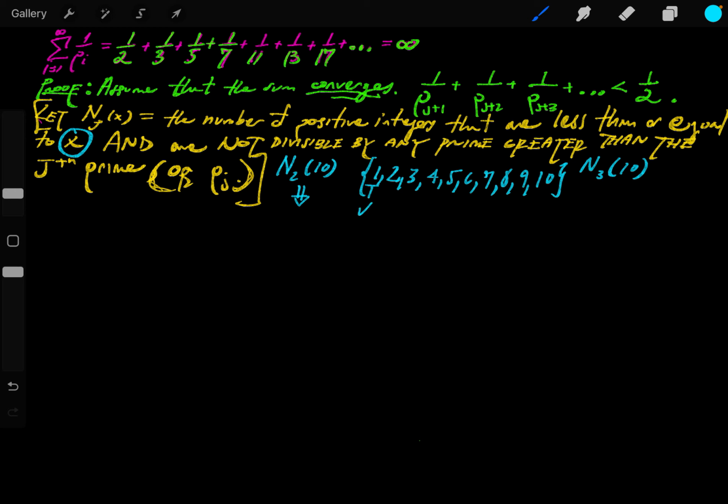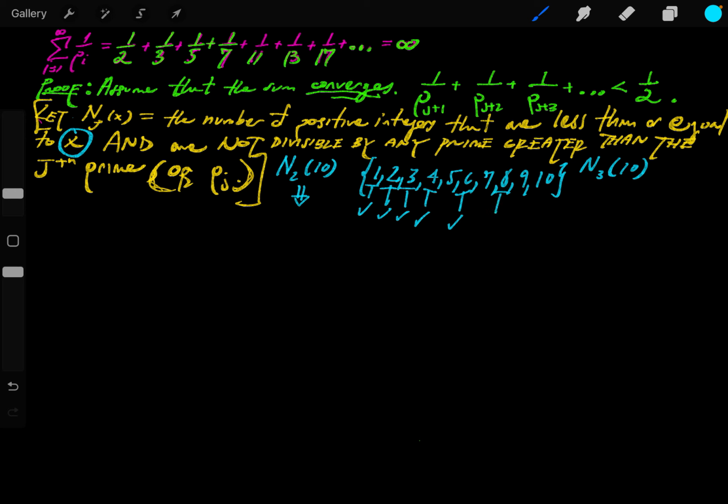No, so this is in the count. 2, is 2 divisible by any prime greater than 3? No. Is 3? No. 4? No. 5, is 5 divisible by a prime greater than 3? Yeah, 5 is divisible by 5, so it's not considered in my count. 6? No, so it's in my count. 7? Yes, 7 is divisible by 7, so it's not in my count.